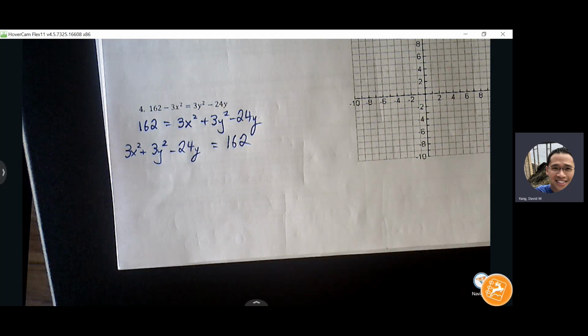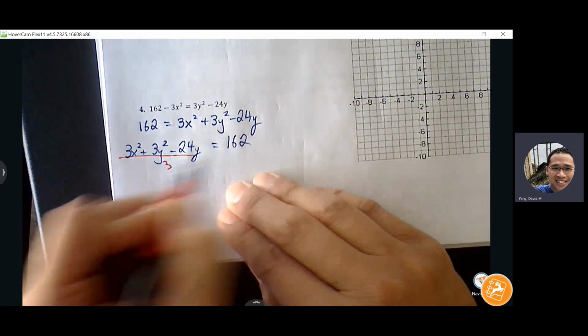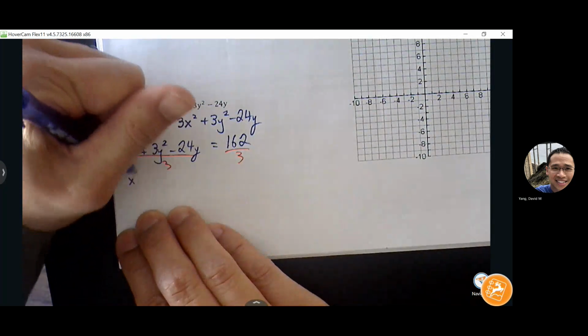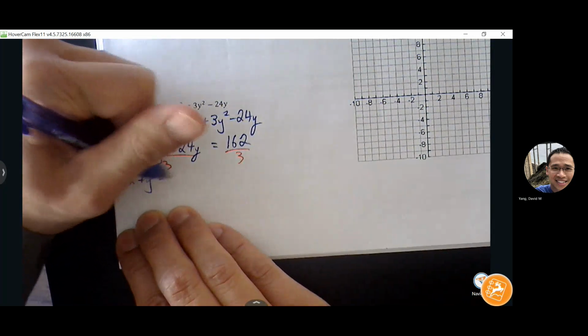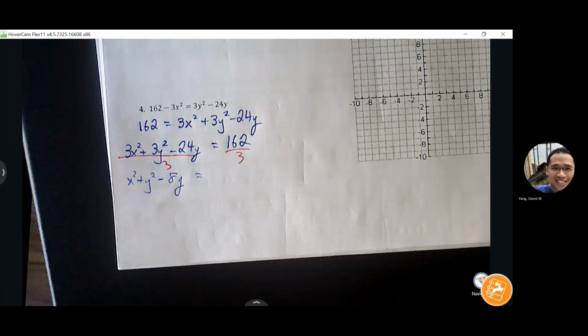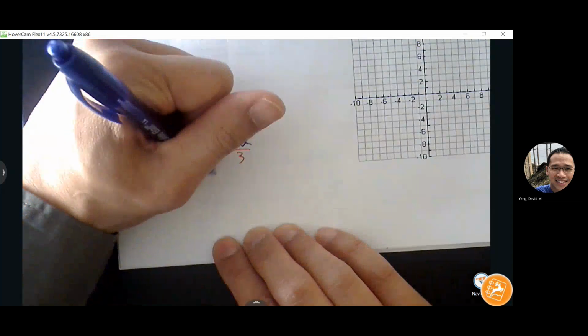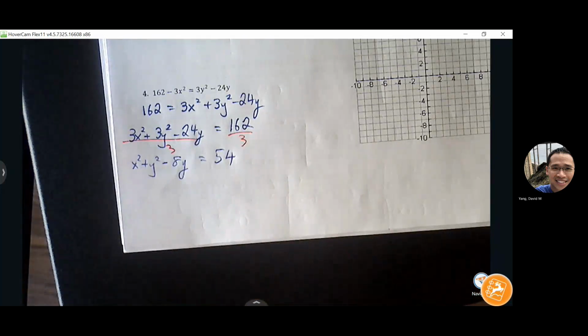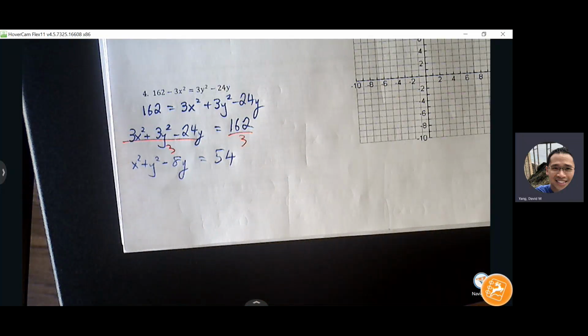Yeah, let's get that 3 out of the way, so divide everything by 3. All right, we're going to have to complete the square, but do we need to do it for both variables?